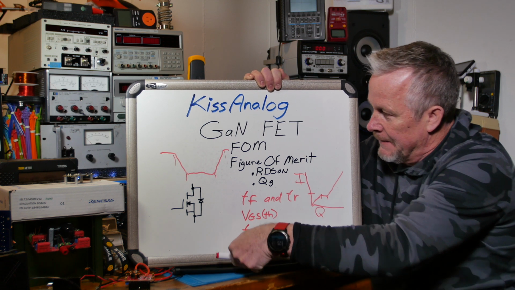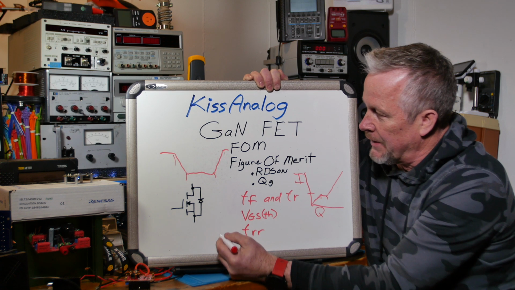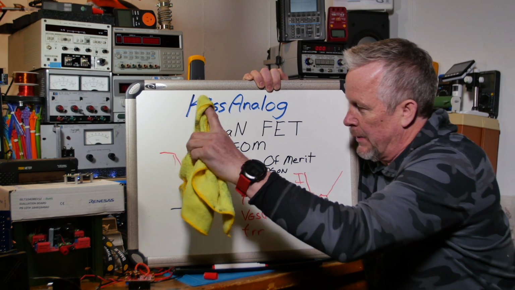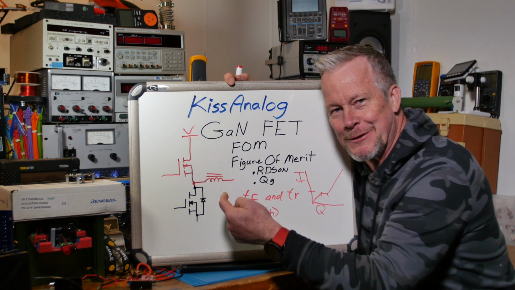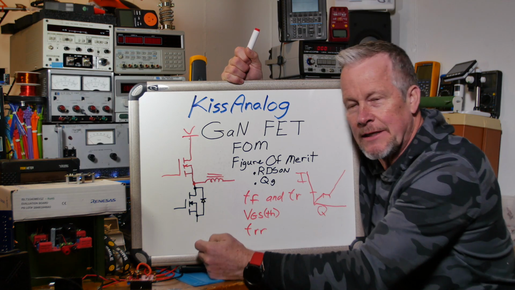All right, what's that? Well, I'll tell you what. If you're switching this transistor on and off, let me erase this waveform I drew here. I drew a little circuit here. Let's say we have a buck converter.